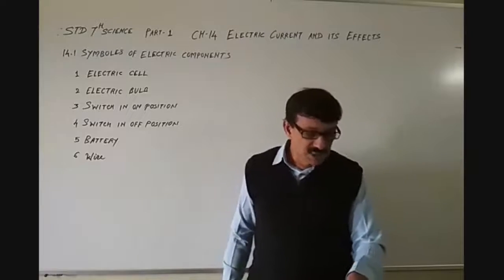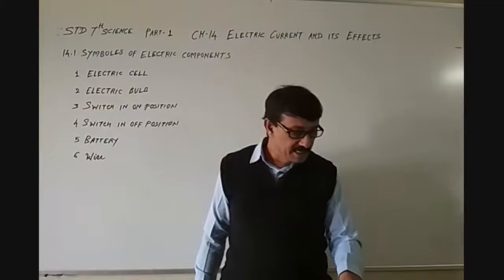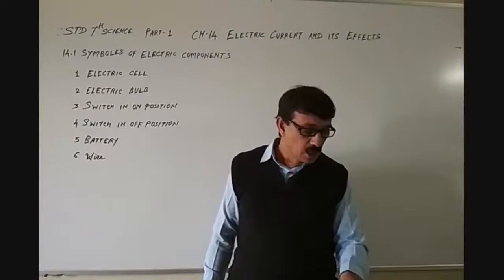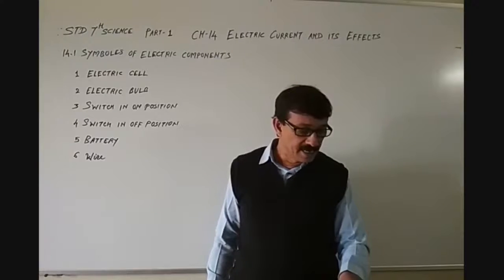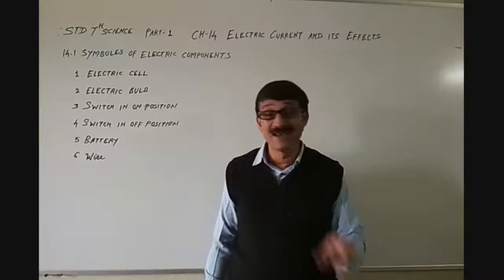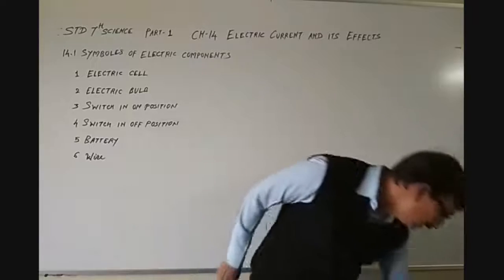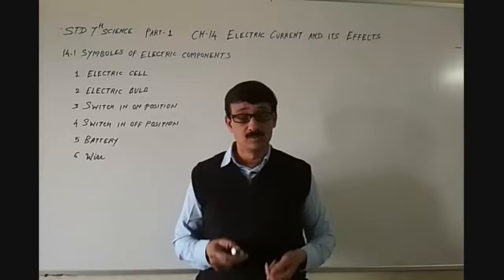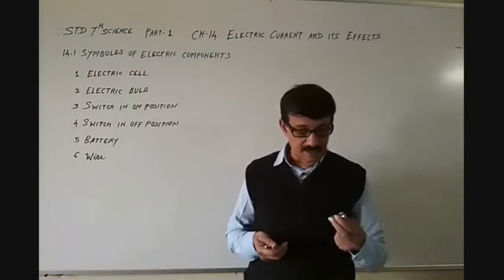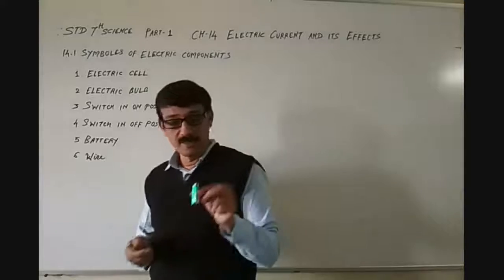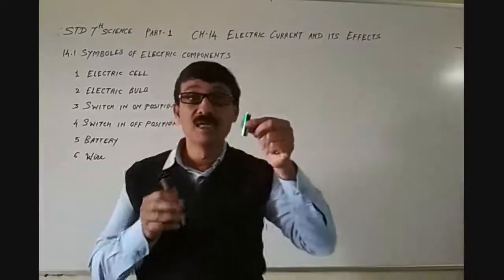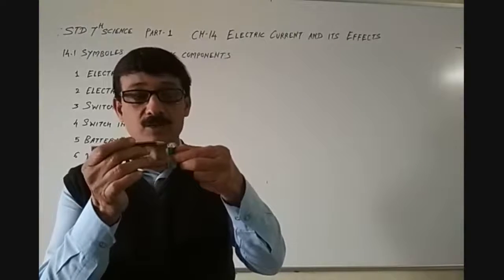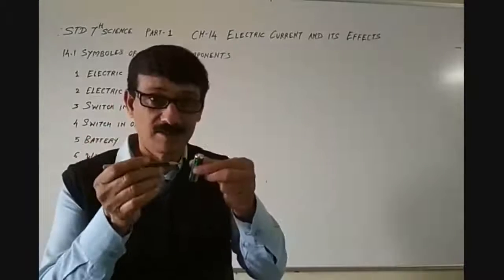Look at the symbols carefully. In the symbol for the electric cell, notice that there is a longer line and a shorter but thicker parallel line. So first of all, let's discuss this cell. You know the electric cell. In an electric cell there are two terminals.